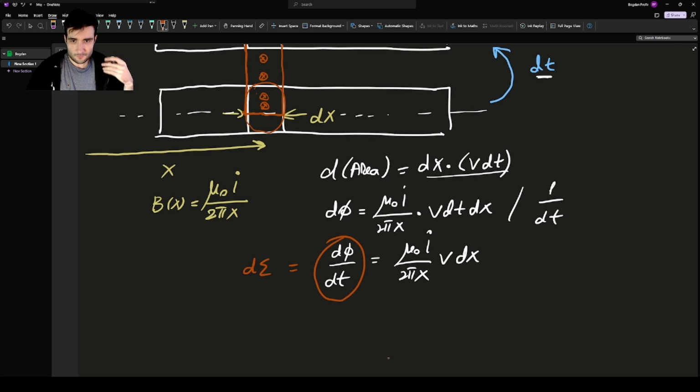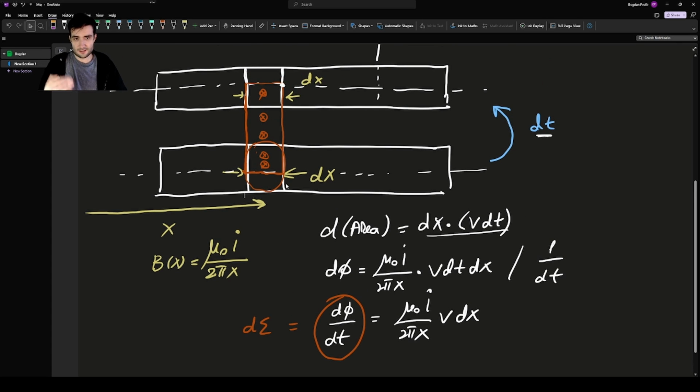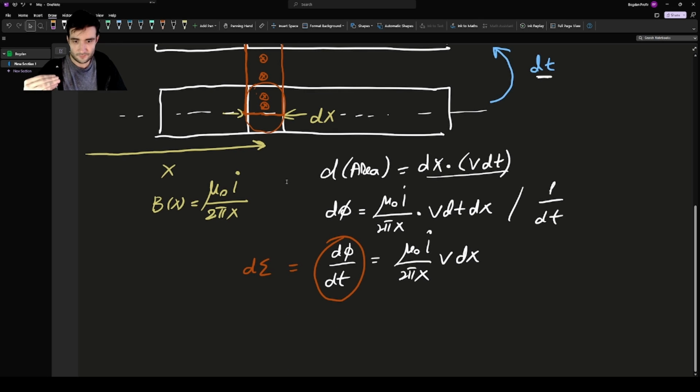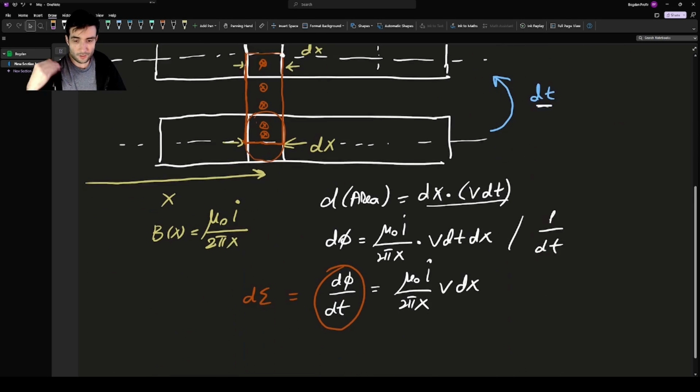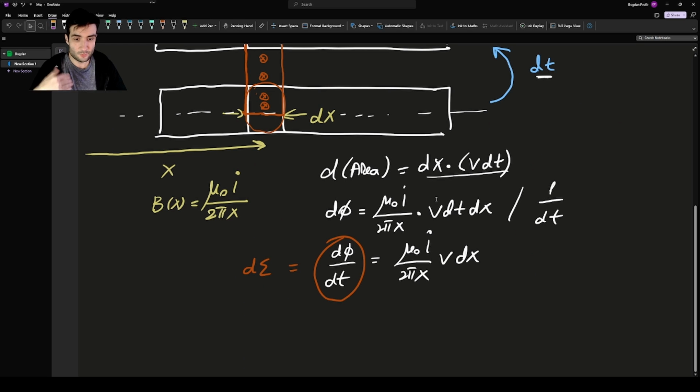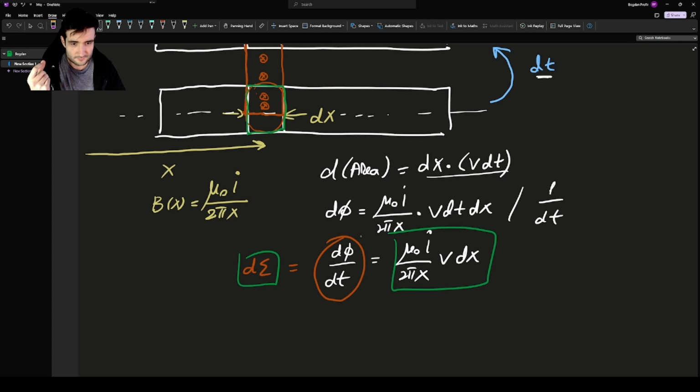So what this means is, as this conductor is going to be traveling, the magnetic field due to this wire will induce an EMF within this tiny bit of element, and that induced infinitely small EMF will have this formula right here.